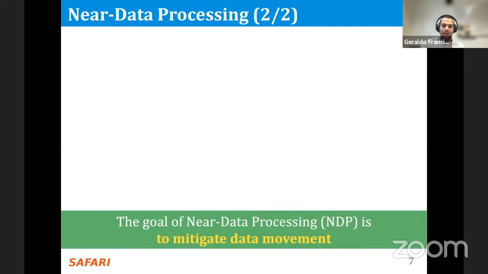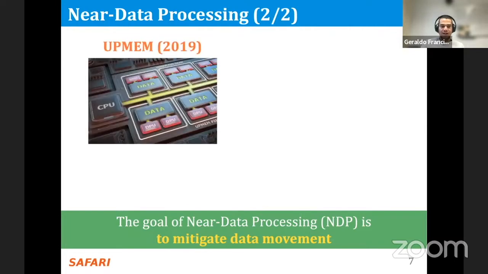And near-data processing is not a new idea, to be said. There are proposals from the 1970s, for example, that already proposed near-data systems. However, only recently has the industry started catching up with the advance of near-data processing techniques. In this, I'm going to highlight two architectures that have already been covered in this class.